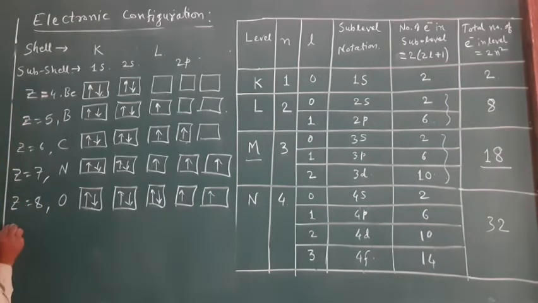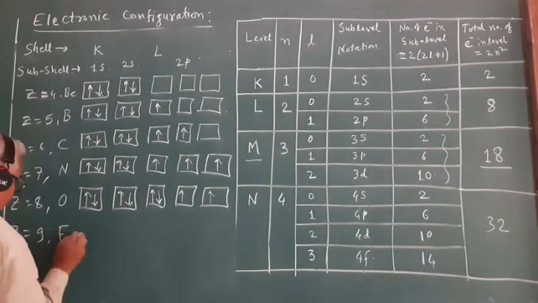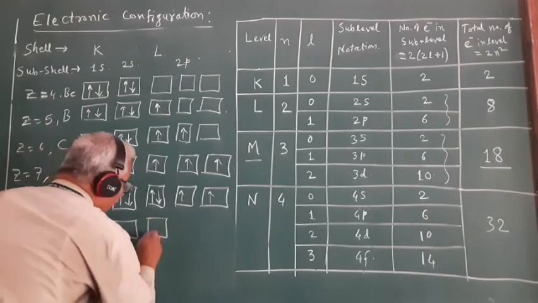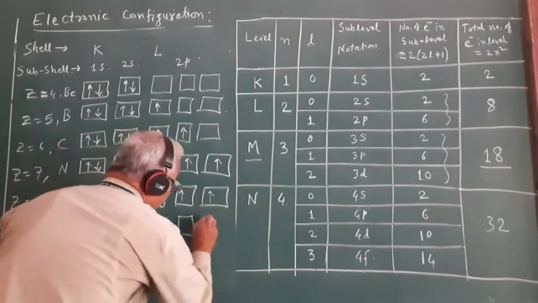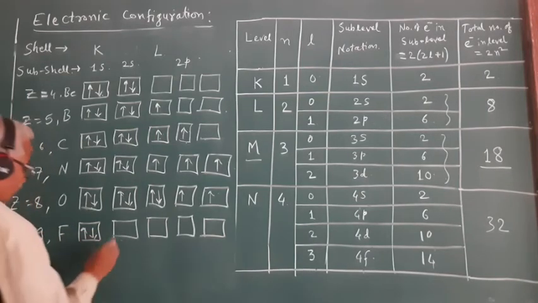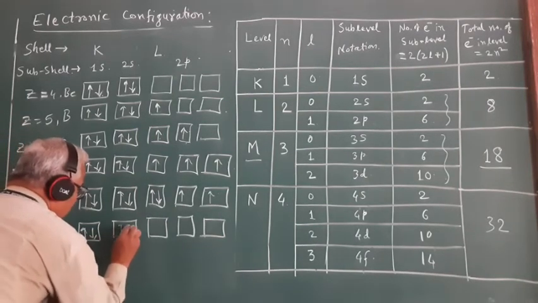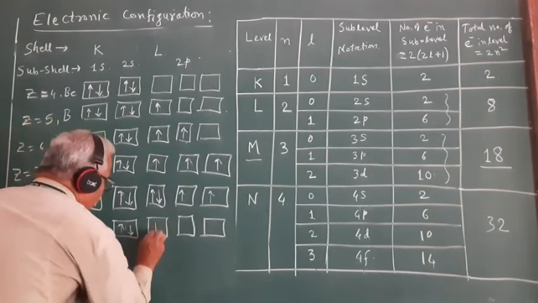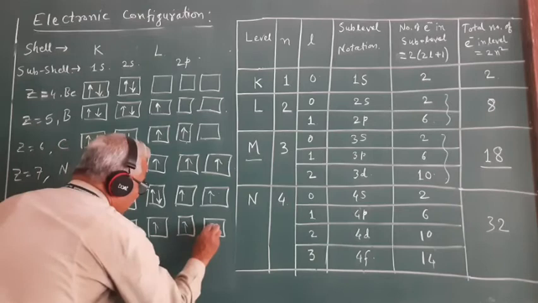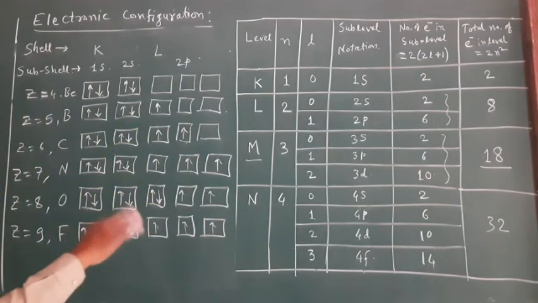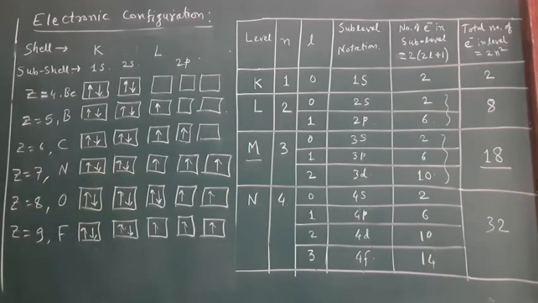Then for Z is equal to 9, 2 electrons are accommodated in the 1s level, 2 electrons are accommodated in the 2s level, and 1 electron each is accommodated first in the 2p levels, and still there are 2 electrons left over.